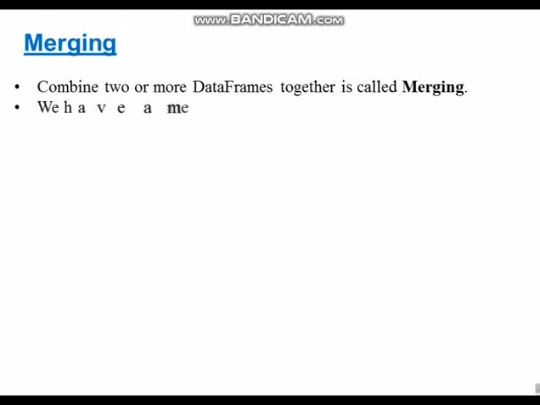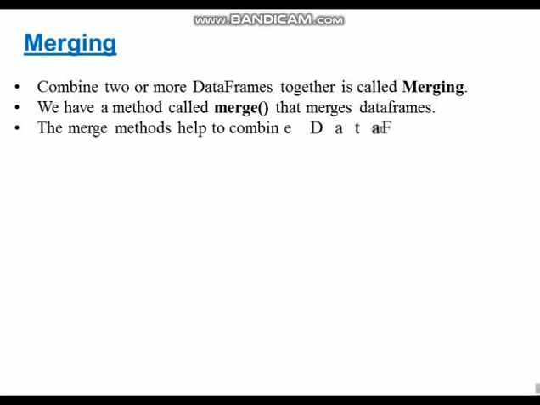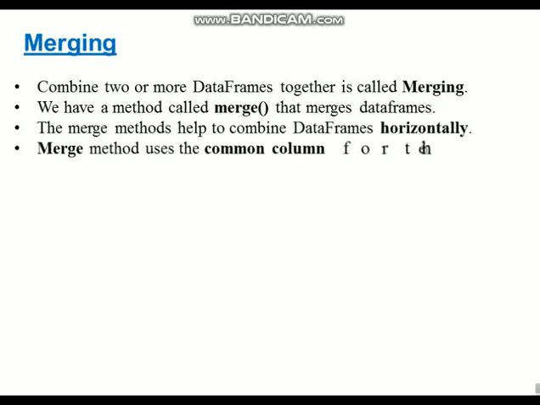For merging, we use a method called merge that merges data frames. The merge method helps to combine data frames horizontally. So remember, it will only increase the number of columns but the number of rows remains the same, because in this process we combine two data frames horizontally, either on the left side or the right side.